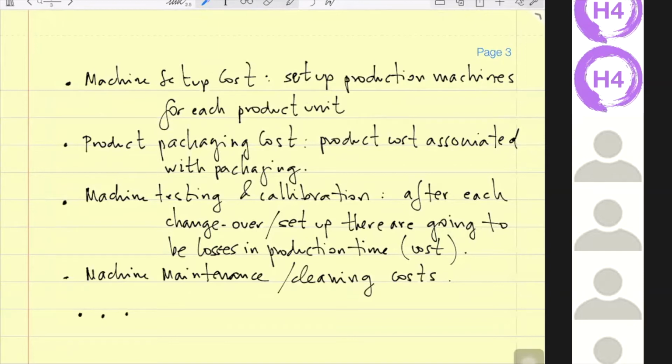So in ABC, the direct costs are allocated as done in the traditional method. It's only the overhead that is done in a different way. But we will talk about this. So yes, we can say, Radoslav, that all these costs are costs.